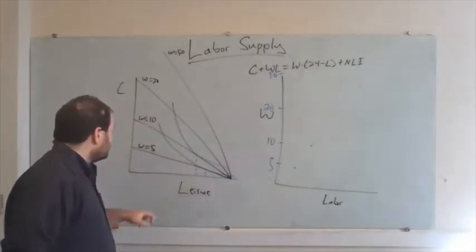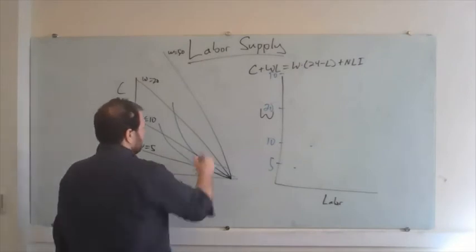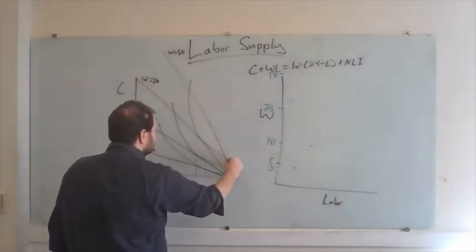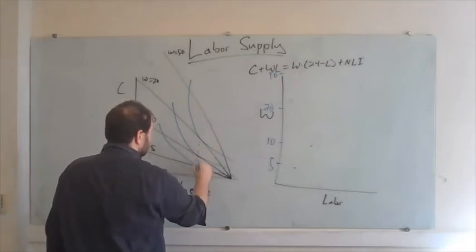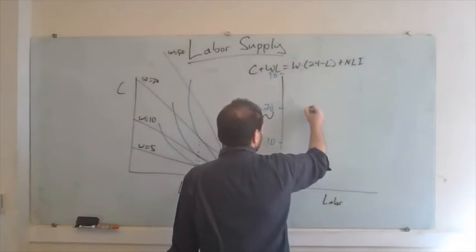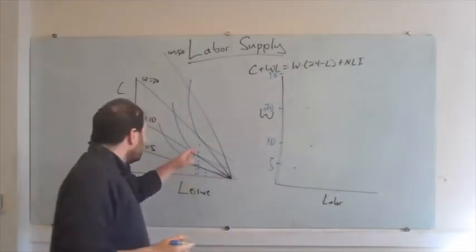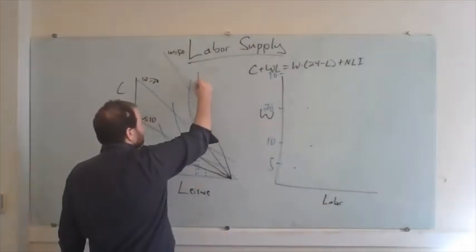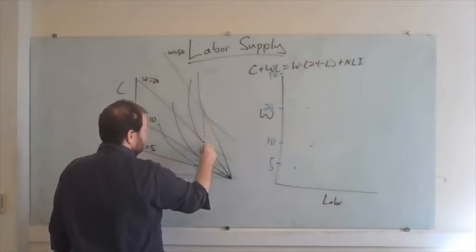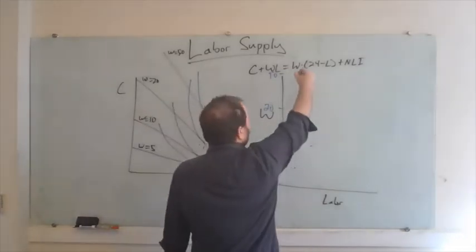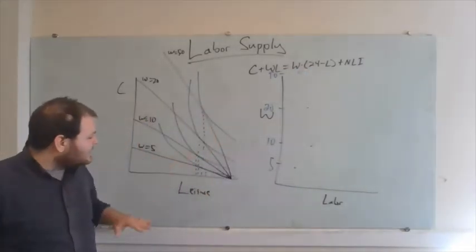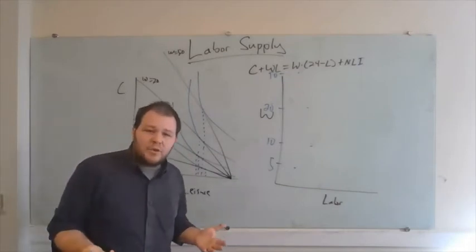If you go from, say, $5 an hour to $10 an hour, you work more. But then as your income gets even higher, let's say you go from $10 an hour to $20 an hour, you might start working less. At low wages, we might expect that the income effect is going to be dominated by the substitution effect.